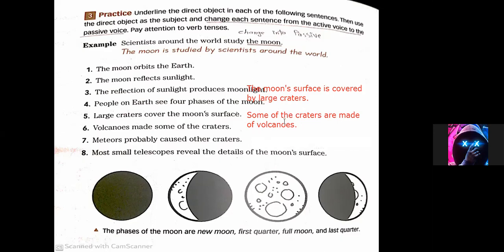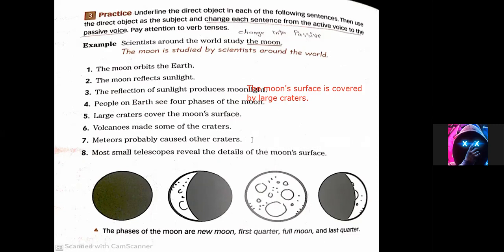Sorry, Ahmed, before we start, it was written made, not make. Yes, I said made. So it's supposed to be were made, not are made. Number five, some of the craters were made by volcanoes, okay? Yes, Abdullah.